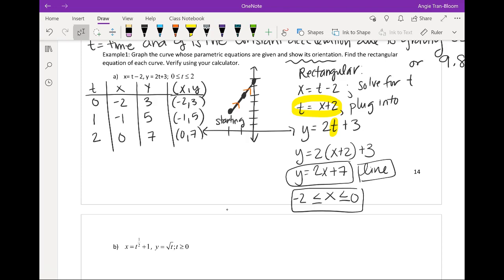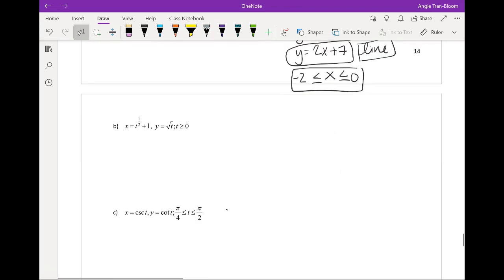X equals t to the half power plus 1. Class, half power is the same as? Square root. Square root. Thank you, sir. All right, time, x, y, and I'm also going to make another column for a point. So that way I don't have to think about it. This one, time is limited starting at?